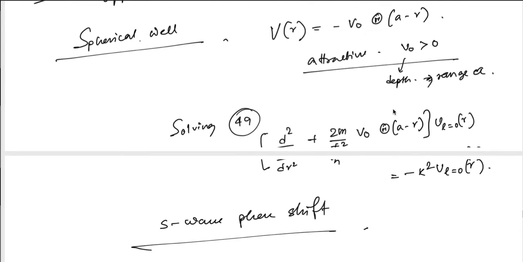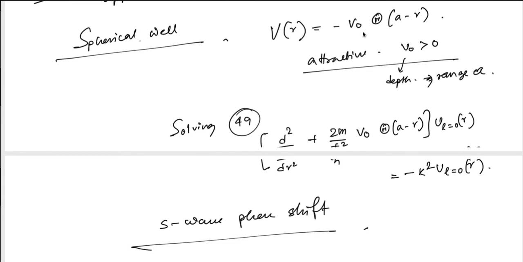Okay, so here is one example. Let's take a spherical well, which is this function. This theta function tells you it's not an infinite well, it's a well of depth V0. We'll come to the infinite well problem also in a moment.